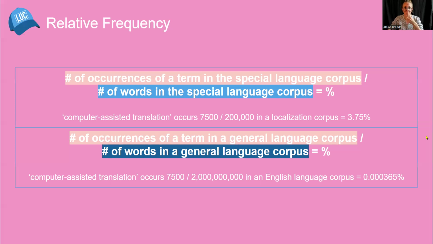That said, as a terminologist in one of those long tail languages, it's recommended to start building up general language corpora in addition to any special language corpora that you're building.